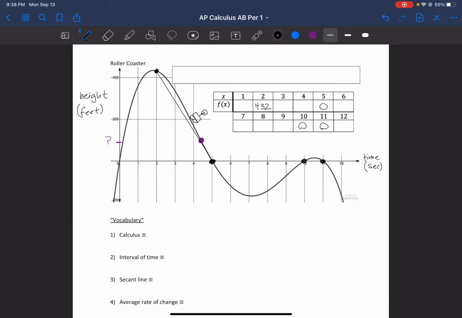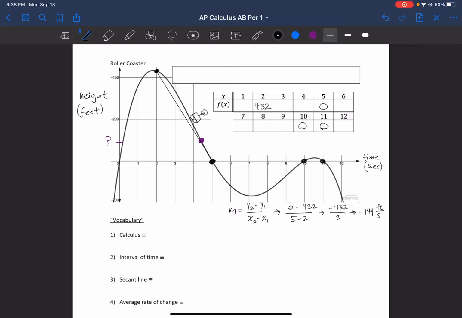If you remember slope from Algebra 1, it is a rate of change. In order to find the slope of that black line that was just created, we are going to use 0 minus 432 over 5 minus 2, which is negative 432 over 3, which comes out to be negative 144 feet per second.